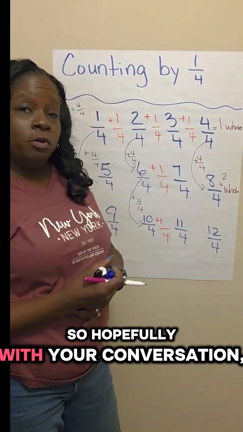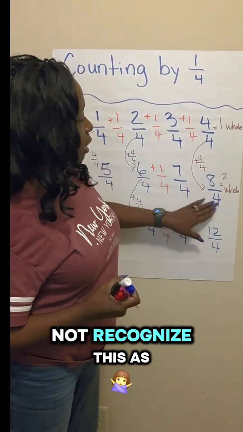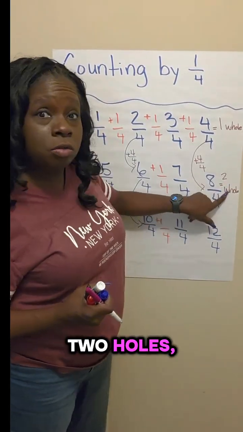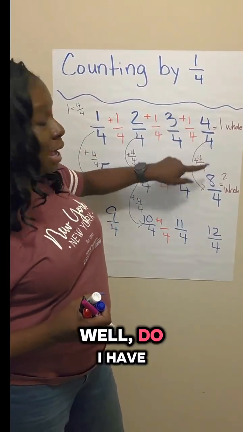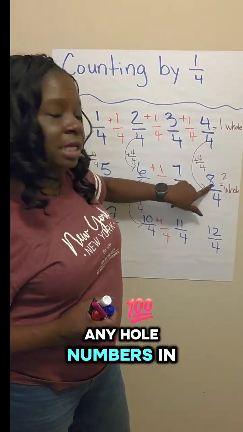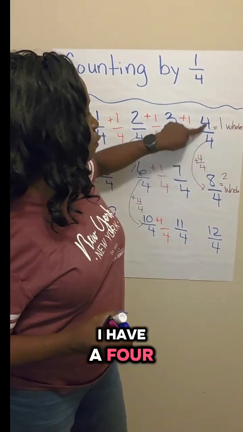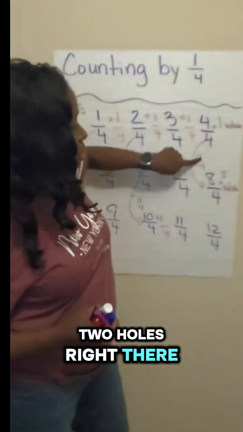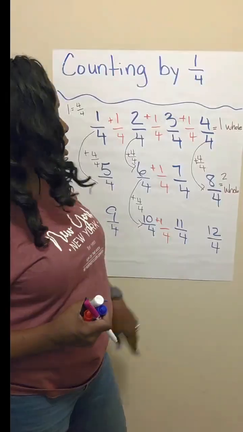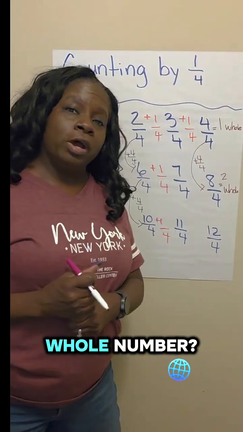So hopefully with your conversation, if a student does not recognize this as 2 wholes, you can bring them back up to here. Well, do I have any whole numbers in 8/4? I have a 4/4 and another 4/4. So there are my 2 wholes right there. All right, is there another whole number?